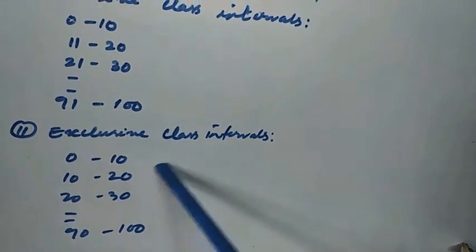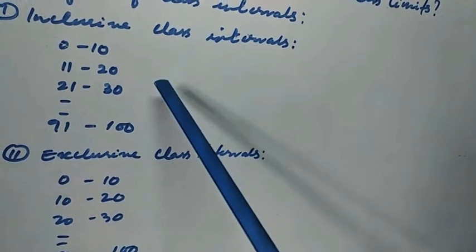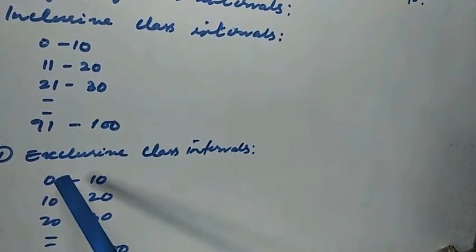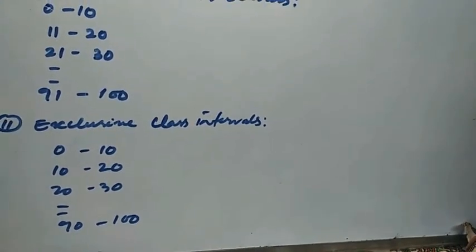So here it is excluded, or they are not included. Here the value of the lower and the upper limit is included. Here the value of the lower and upper limit is not included.